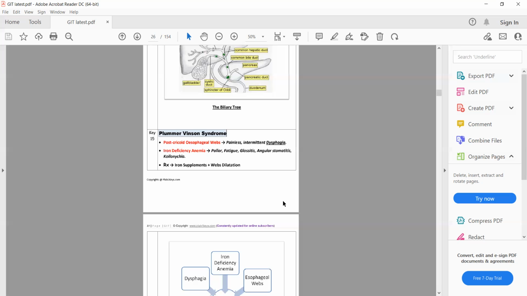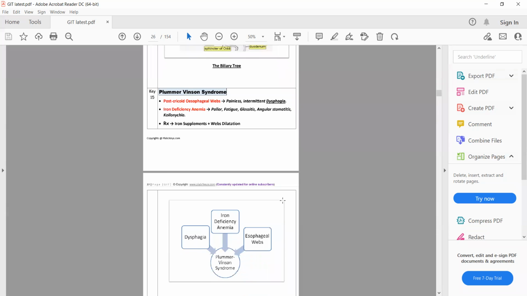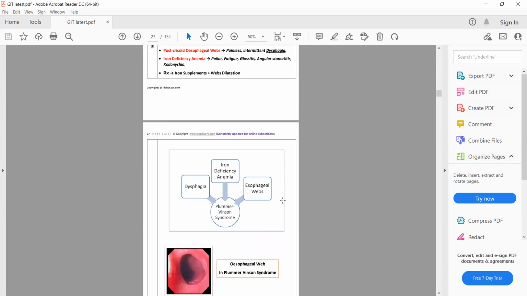And the treatment for Plummer-Vinson syndrome is web dilatation and iron supplements, because there's iron deficiency anemia and because the web is causing dysphagia.